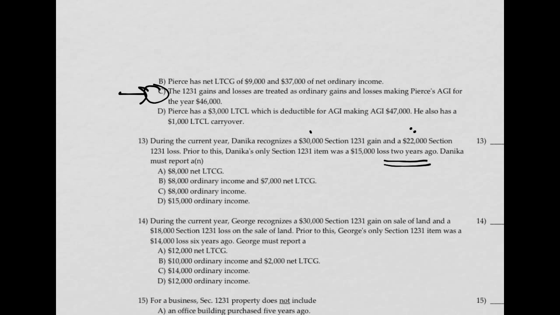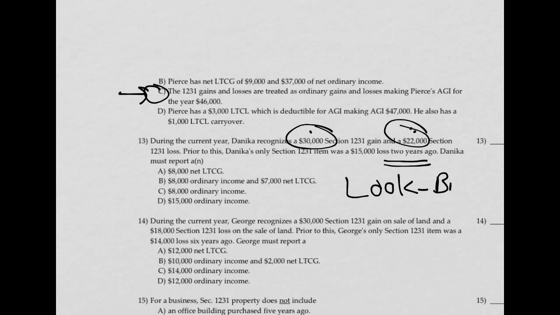One of the things we said in class is that whenever you have a net gain under section 1231, and here you'll have a net gain of $8,000, you have to have that knee-jerk reaction of, do we have any prior section 1231 losses? This is the famous look-back rule.